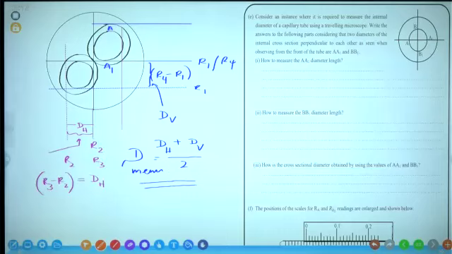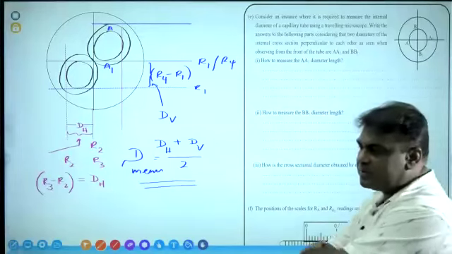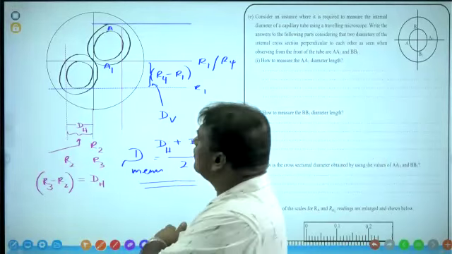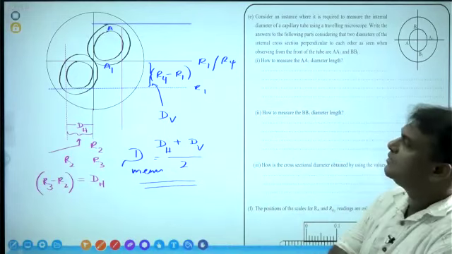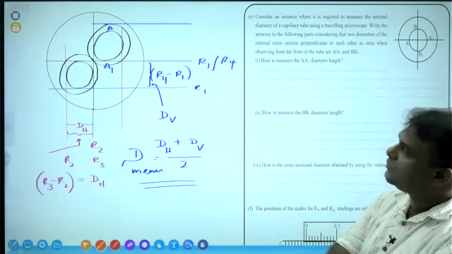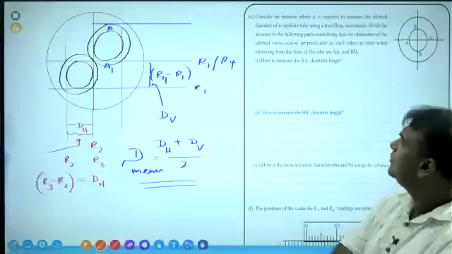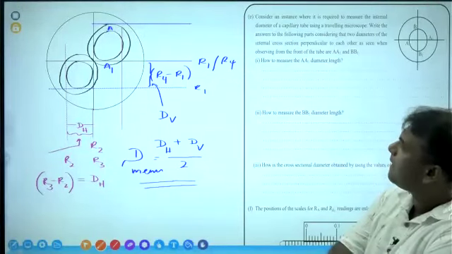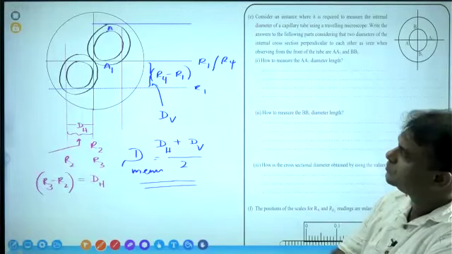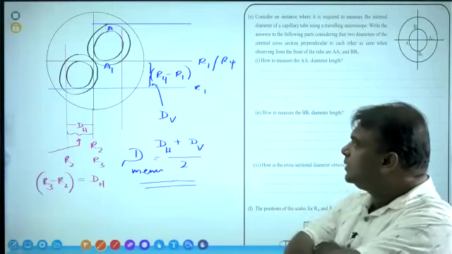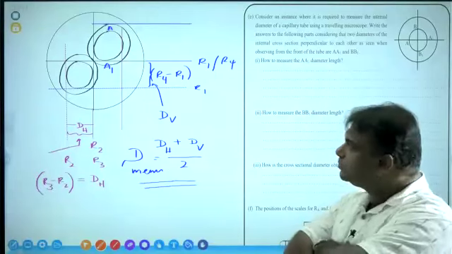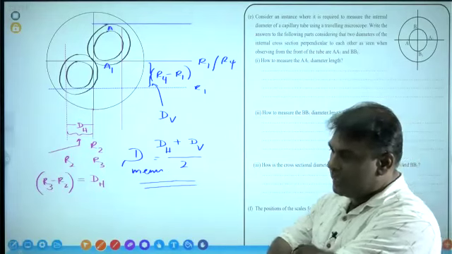Okay, write down the process. How to measure AA1 diameter length? Adjust both the fine adjustment screws until aligned with the internal hole of the capillary tube on both the wires.